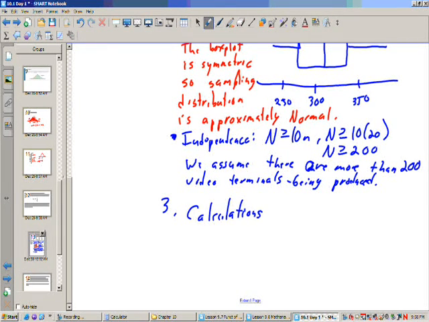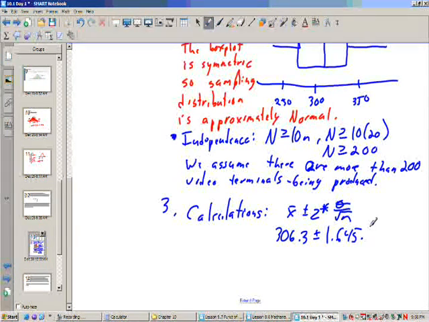So the first thing we need to do is write our formula. And if I do one variable stats, we can find our mean. And our mean was 306.3. Now our z-star for 90% confidence interval is 1.645.